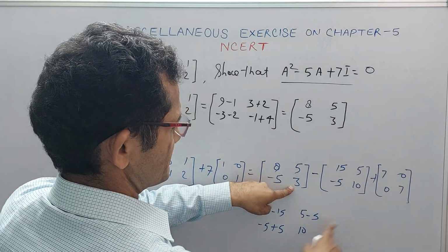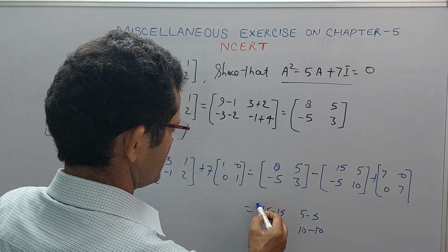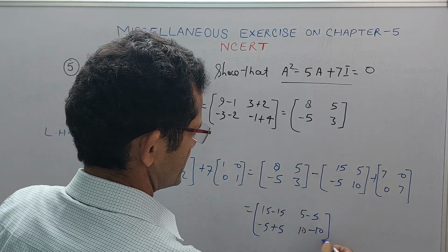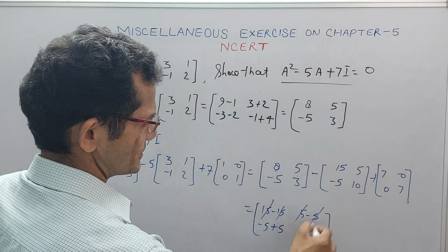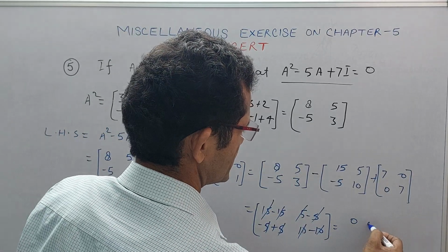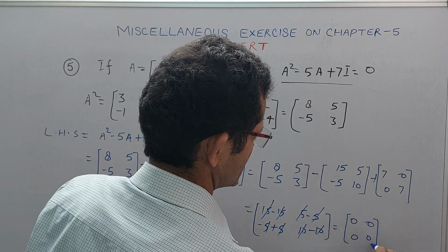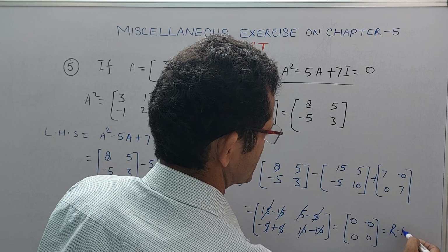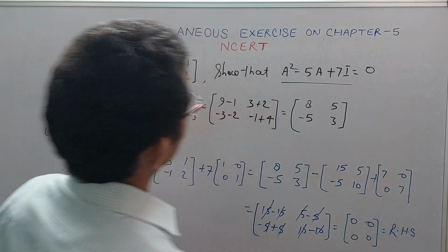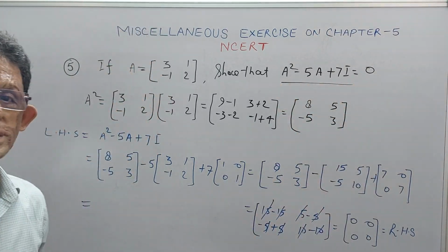So we have found this 0 and this 0, all are cancelled out, 0, 0, 0 and 0. So we get the right hand side, this is the 0 matrix. We have proved that the left hand side is equal to the right hand side.